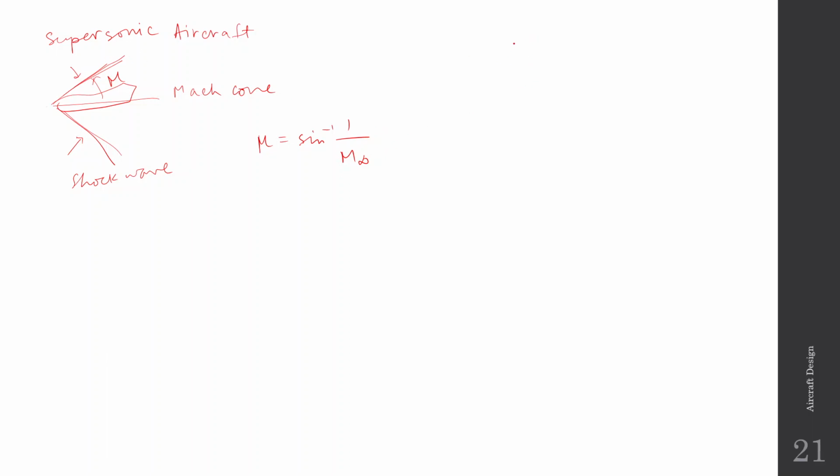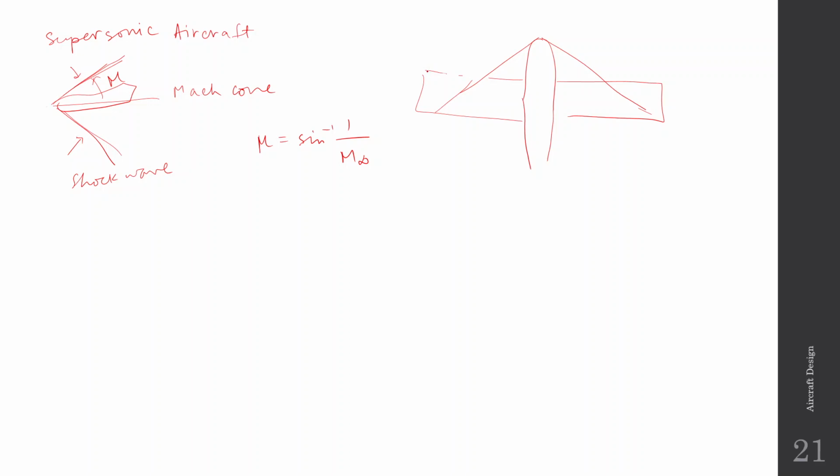So now if I draw the top view, then the Mach cone might look like this. Okay, this is the aircraft's nose. Now if I create a straight wing, it will be passing through the Mach cone.